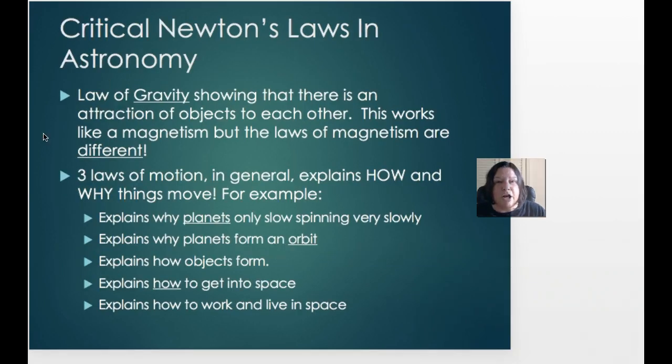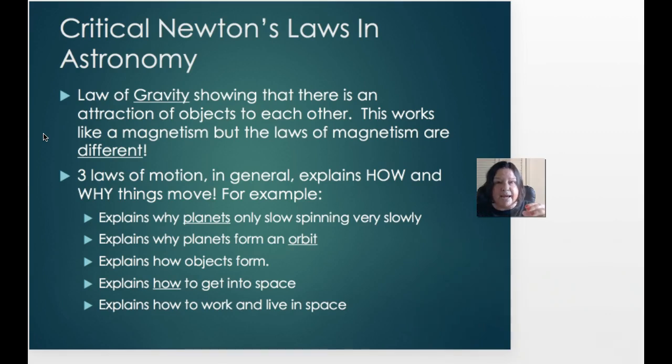Some important laws that relate to astronomy are the laws of gravity that he created, or he discovered, I should say. His three laws of motion explain how and why things move. The law of gravity explains how things are attracted to each other. And things are attracted to each other the way a magnet is attracted to a refrigerator.